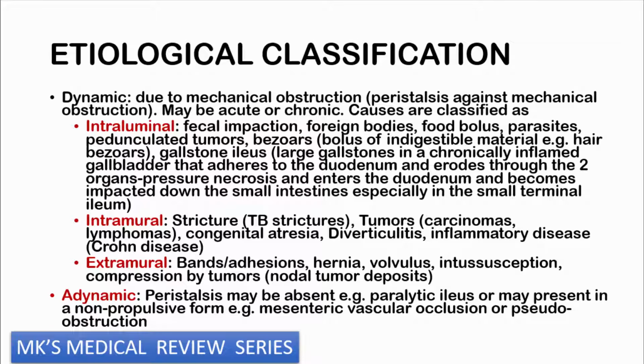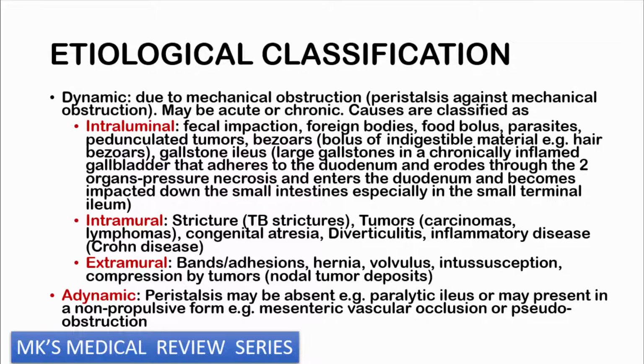You could also have what is known as gallstone ileus. So in gallstone ileus, you have a very, very large gallstone in a chronically inflamed gallbladder. This chronically inflamed gallbladder adheres to the wall of the duodenum. Slowly but surely the walls of the gallbladder and the duodenum are going to erode into each other, such that you make an abnormal connection between the gallbladder and the duodenum.